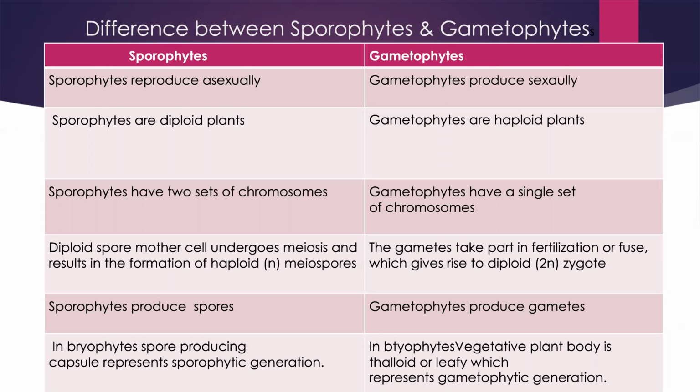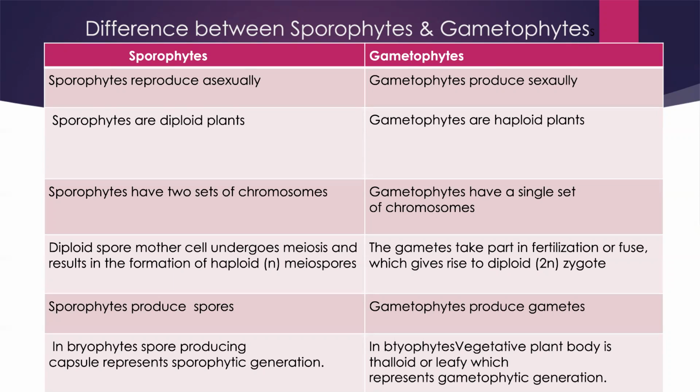How are the spores produced in sporophytes? Here, as the plant body is made up of diploid cells, one of the diploid cells acts as a spore mother cell and that diploid cell undergoes meiosis and results in the formation of haploid meiospores.